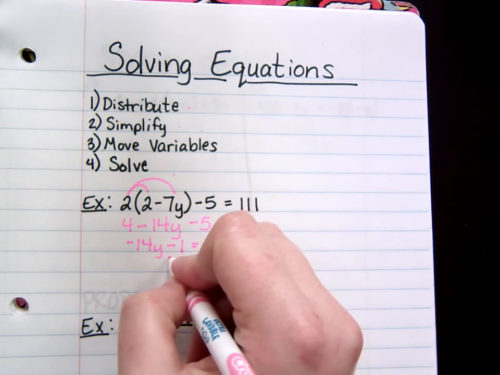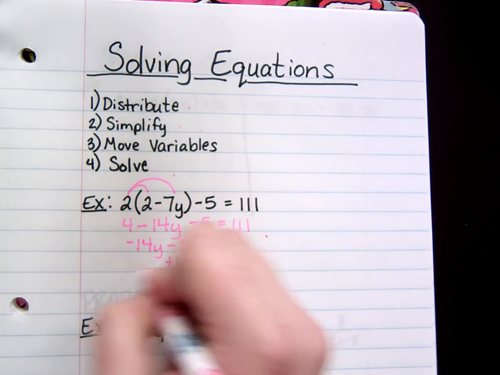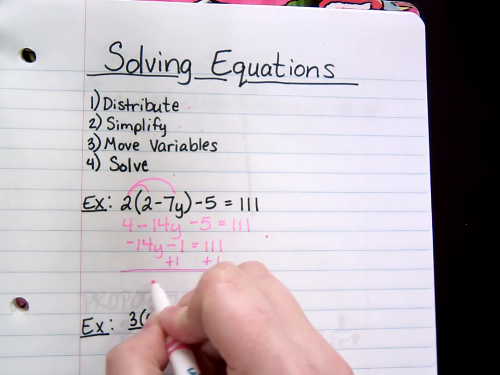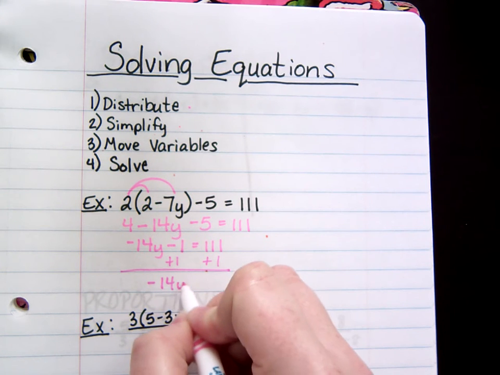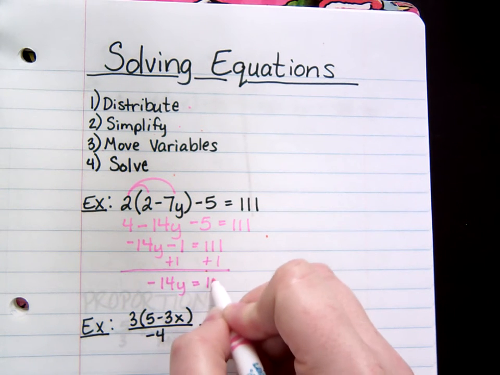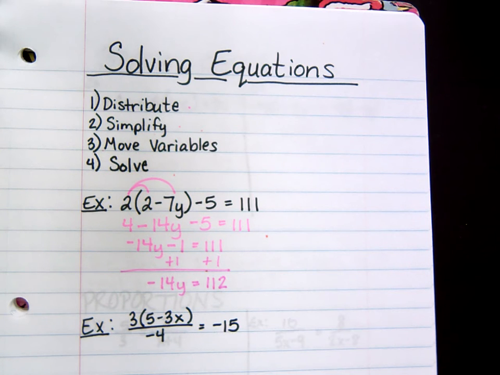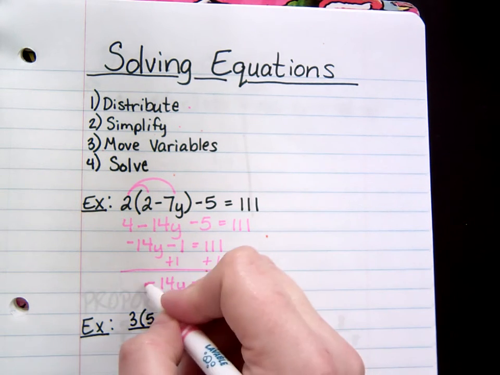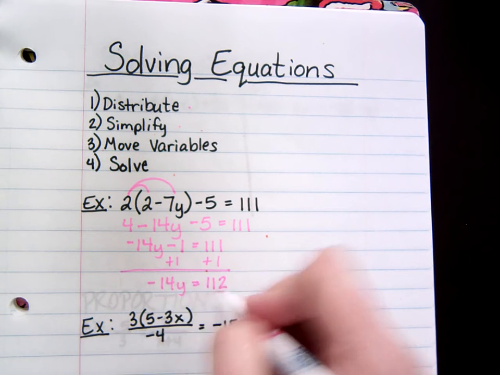So I'm going to start by adding 1 to both sides. This gives me negative 14y equals 112. The next thing you're going to do is divide by negative 14. I get a lot of students that at this point see minus 14 and try to add.